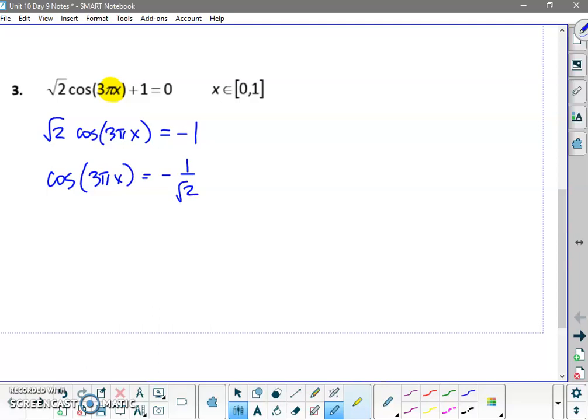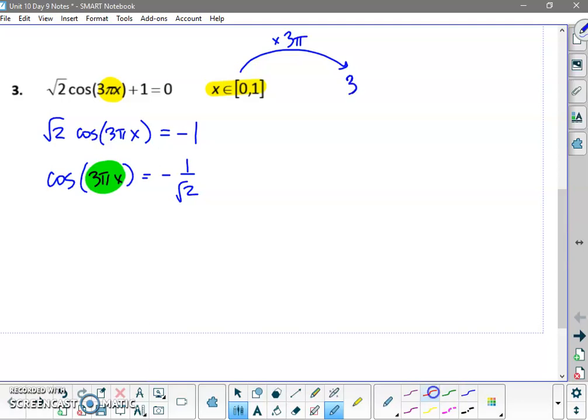So now, here's where this is going to come into play. Because notice, x is an element of 0 to 1. So x is in the domain of 0 to 1. Well, here I have a 3 pi x. So what I need to do is take this right here and basically multiply everything by 3 pi.